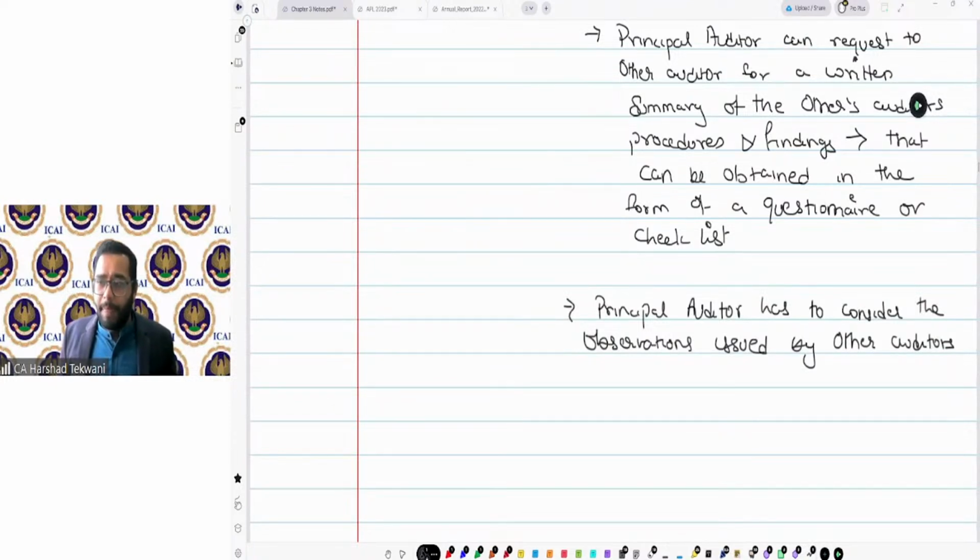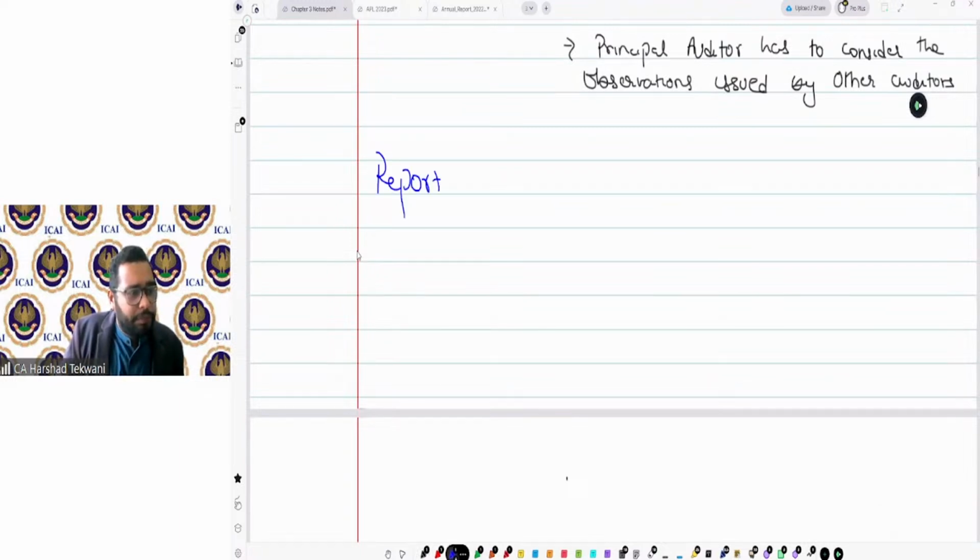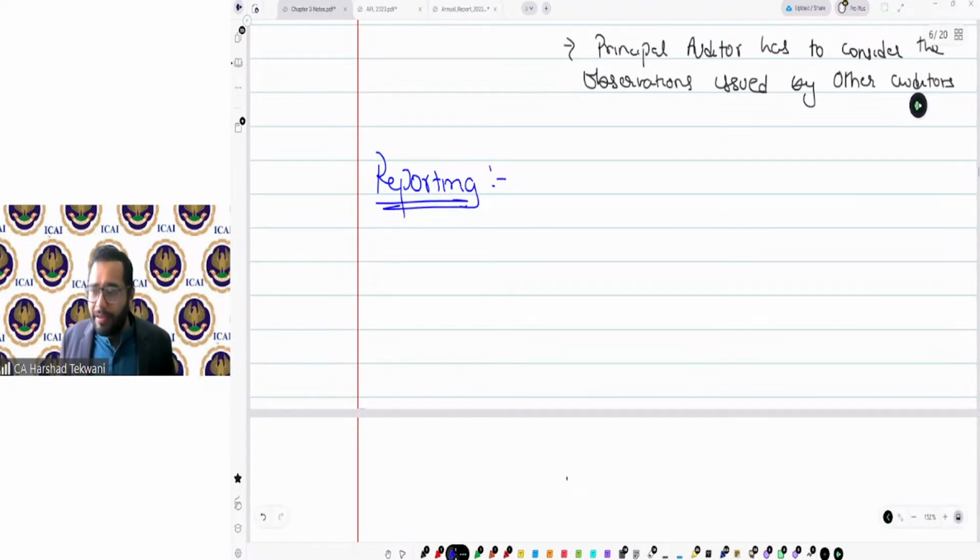And as I say, reporting requirements. So there are two things. This is the additional procedure the principal auditor is required to perform. Now I'll come to the last part, the reporting. In reporting, there are two types of things to be done.